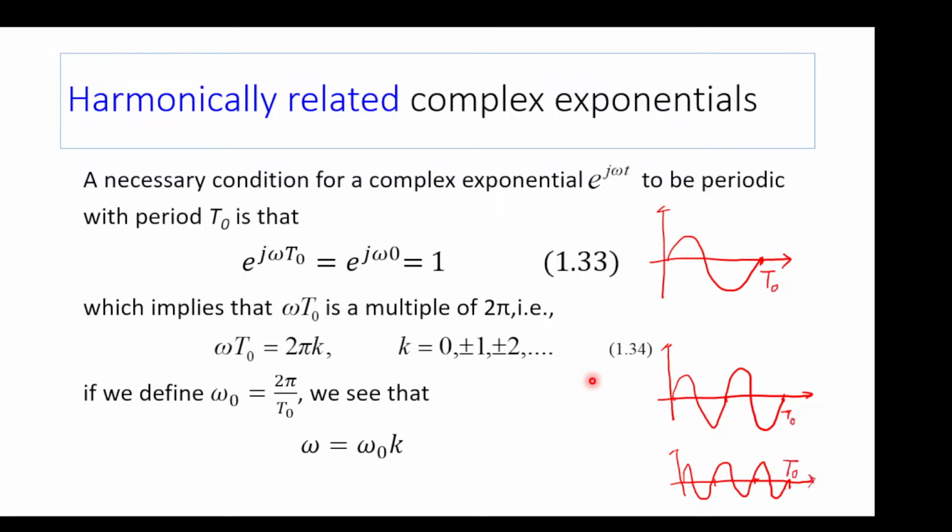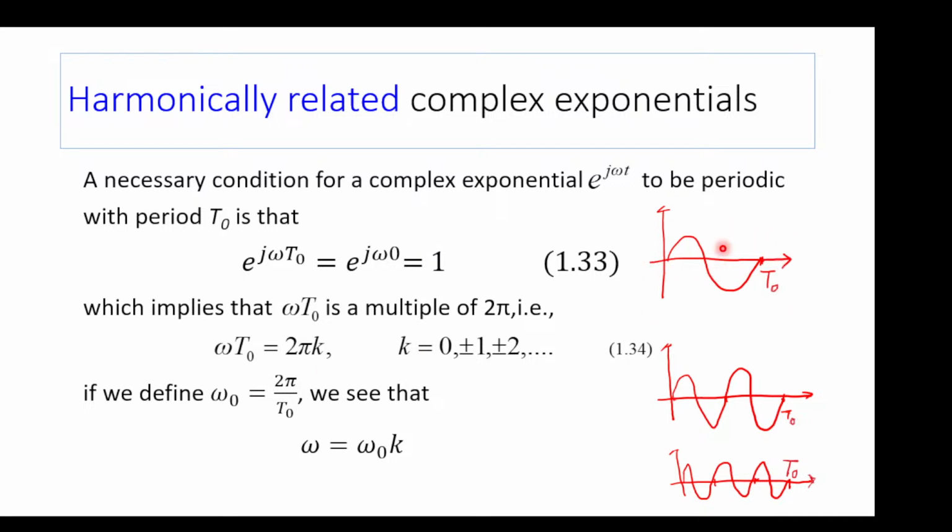Now we define omega naught as 2 pi divided by T naught. Then we see that omega equals omega naught times k. So omega naught is the omega when T naught is the fundamental period.